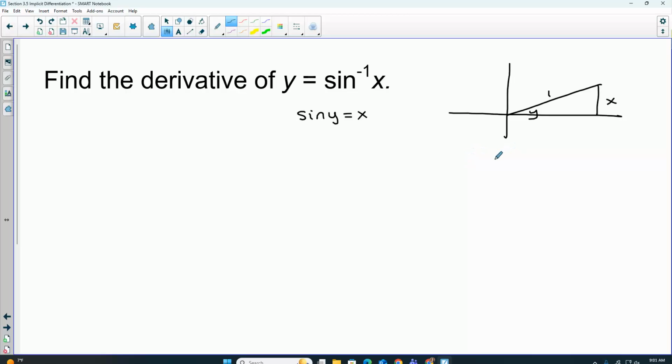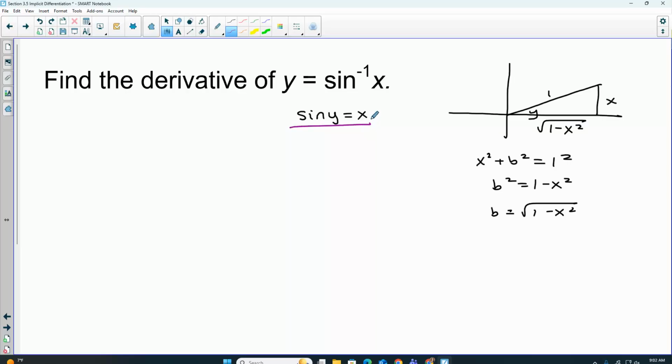So if we did that, we have x squared plus b squared equals 1 squared. So my missing side is the square root of 1 minus x squared. We have to have it written this way in order to calculate the derivative.